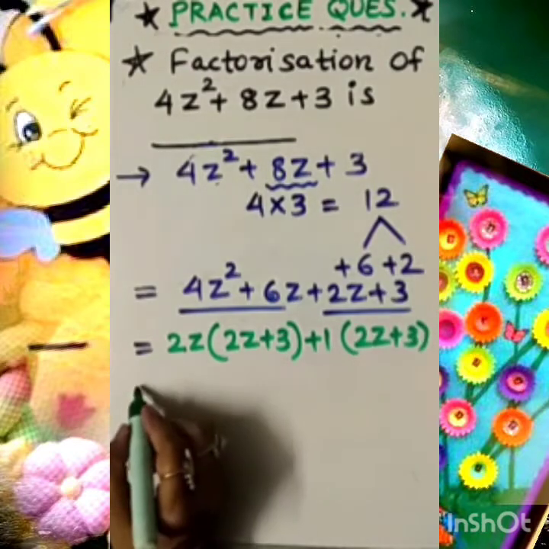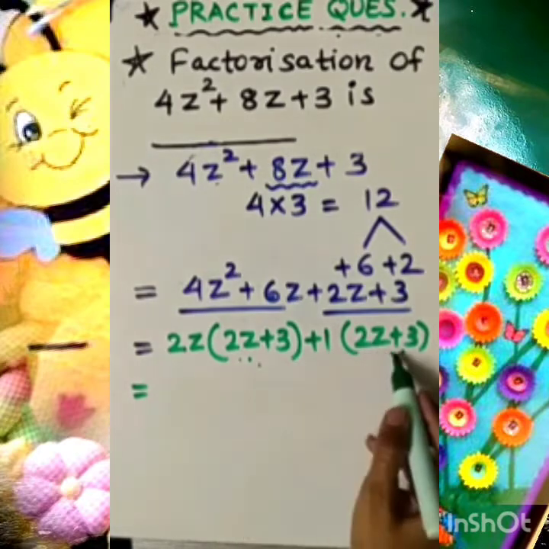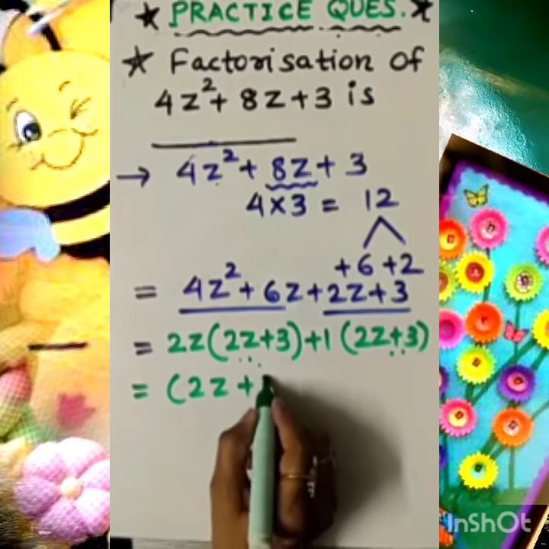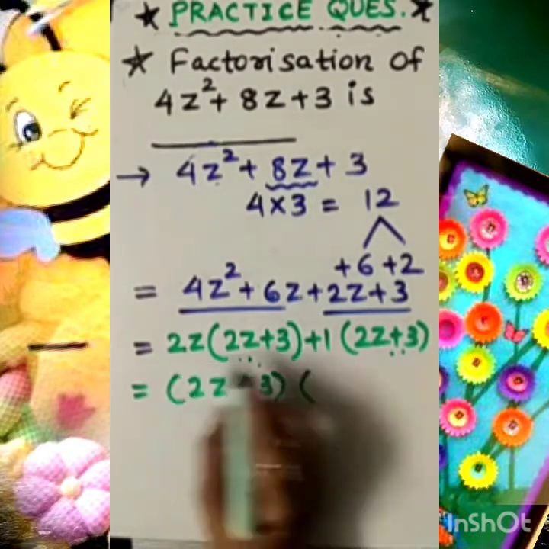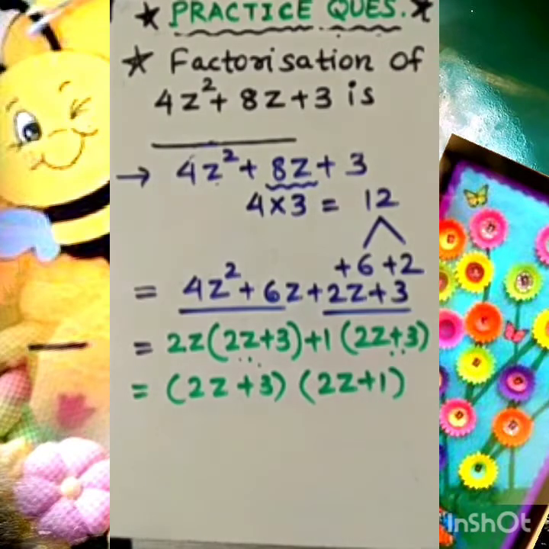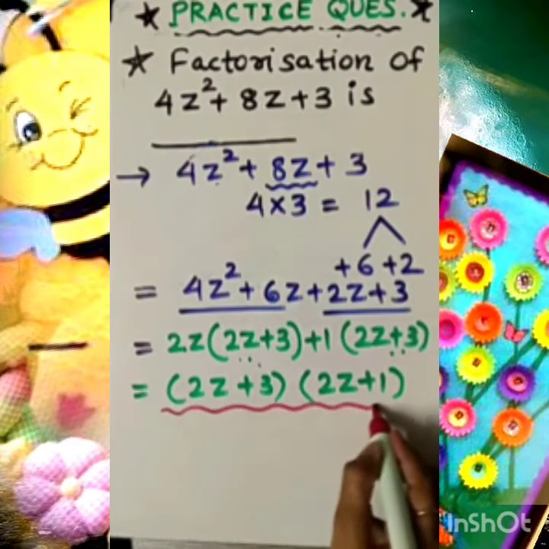Fine. So which two brackets are similar? 2z plus 3, 2z plus 3. So let me write 2z plus 3 in one bracket, and of course 2z plus 1 in another bracket. So my dear student, these two which we are gaining are the factors of this given polynomial.